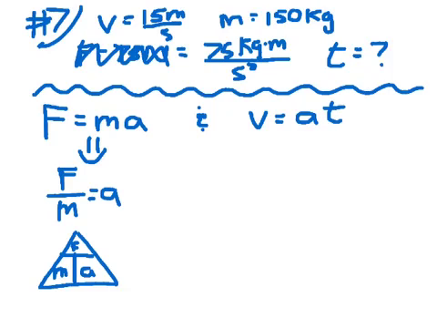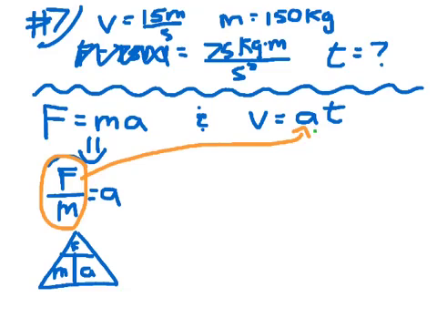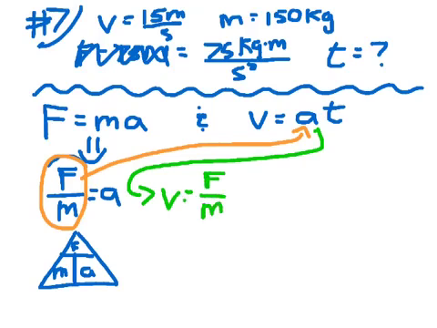Now if I take this a and substitute it into here, what I'm going to get is a new formula. Now this whole thing comes down here, and I get velocity is equal to F over m times t.